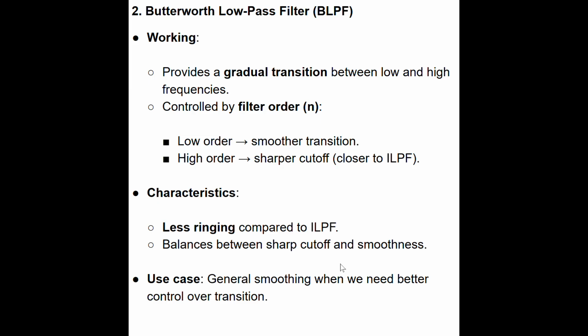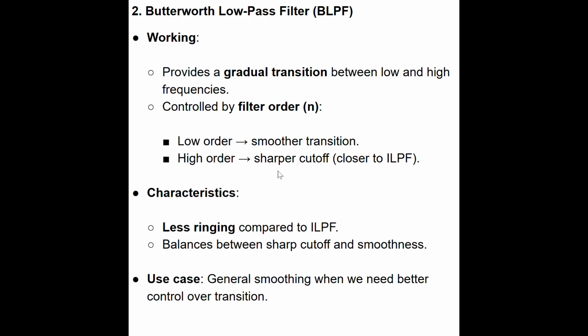Another category of low pass filter is the Butterworth low pass filter, which is BLPF. Here, the working of it is that it provides a gradual transition between the low and high frequencies. This is controlled by the filter order. So, I can choose different filters with various orders.